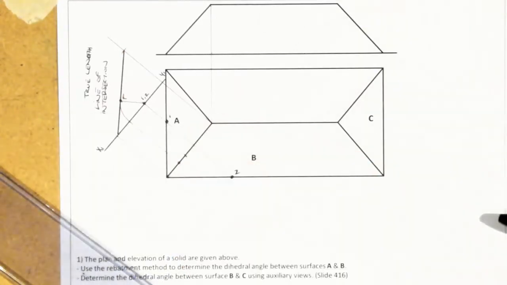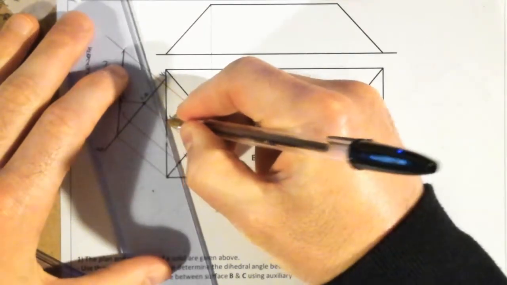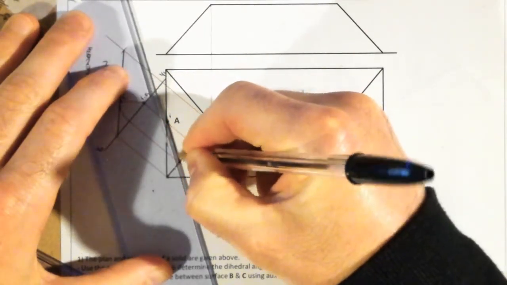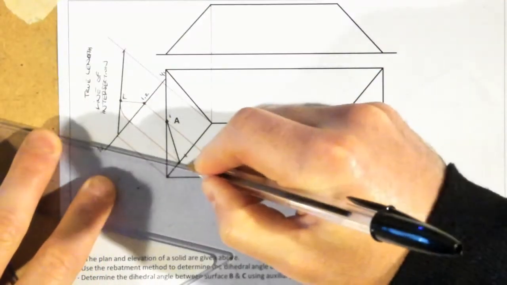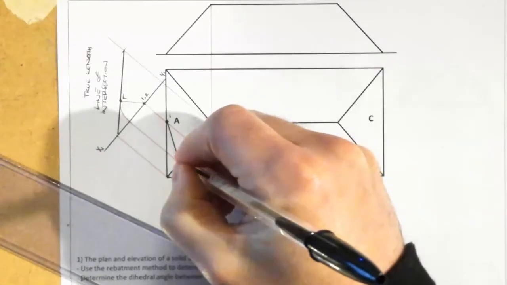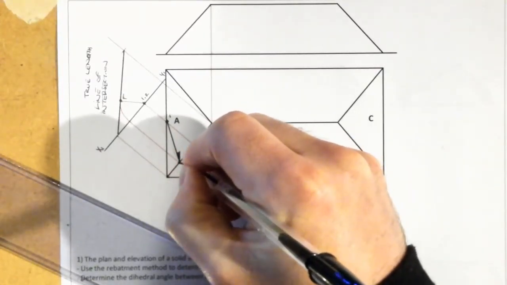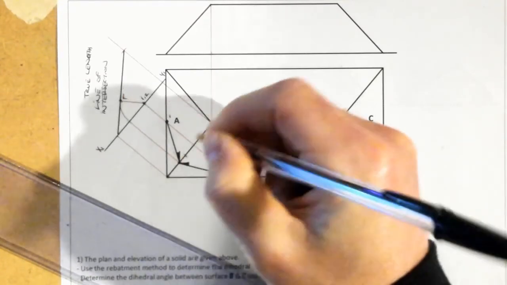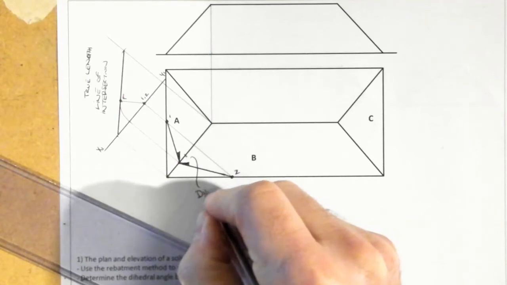And at that point there, we can now locate our line of intersection, or sorry, our dihedral angle. And that there is our dihedral angle, which is often identified by these little marks here. But that is the dihedral.